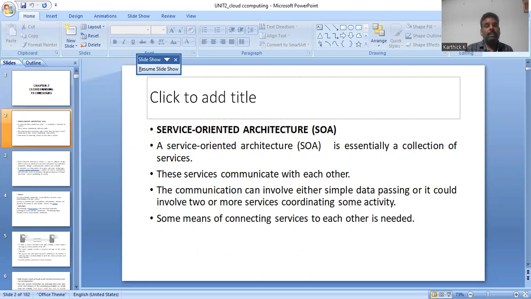If the client uses some other language, the server side will not be designed in the same language. The server side can use any type of language. In server implementation they use different programming languages, but on the client side some other language can be used, but the interface is common.